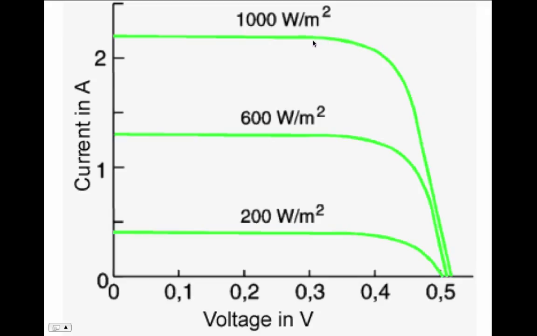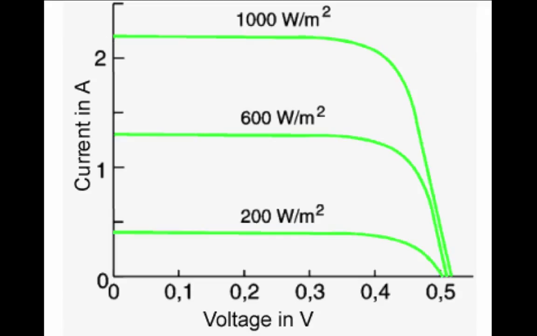You notice here that the voltage will start to drop very rapidly once we get a little above 2 amps. And right here, the voltage is actually 0, and it's just a little over 2 amps of current.